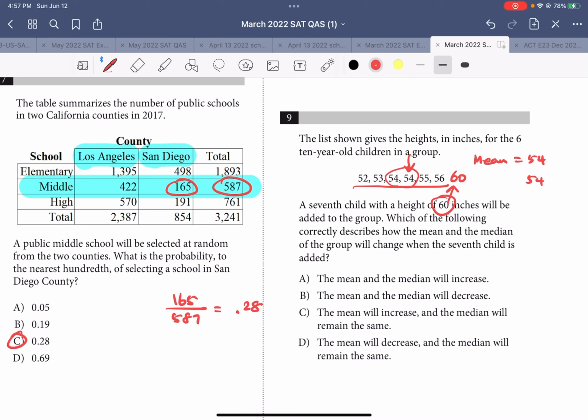So the median is not going to change. It remains the same. Now for the mean, since the number added, 60, is the highest number in the data, the mean will automatically increase, right? So C will be the answer.